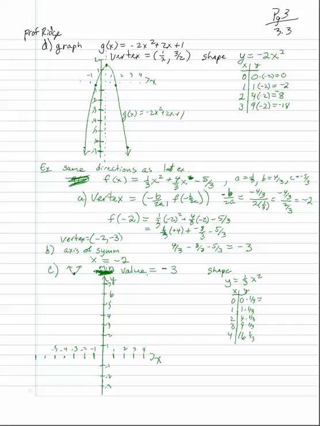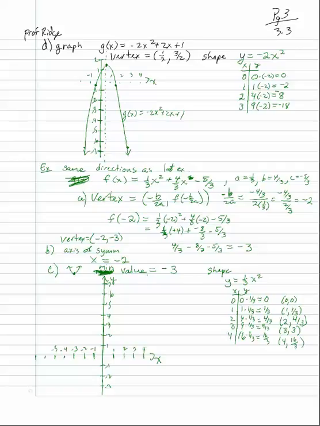So 0, 0 is still 0, 0. 1 times 1/3 gives 1, 1/3. 4 times 1/3 gives 2, 4/3. Then 9 divided by 3 is 3, so 3, 3. And then 16/3, which is 5 1/3.